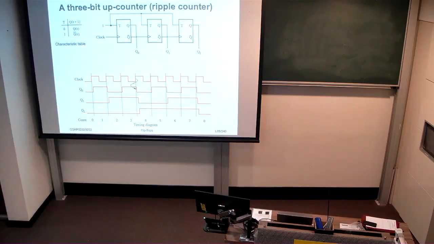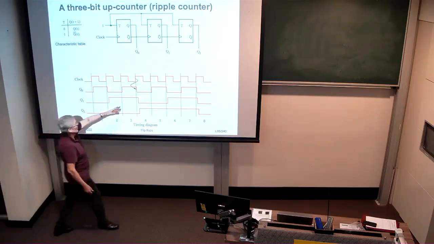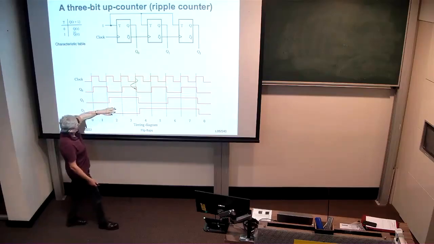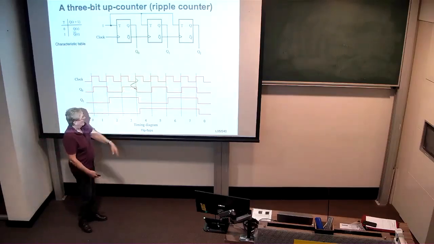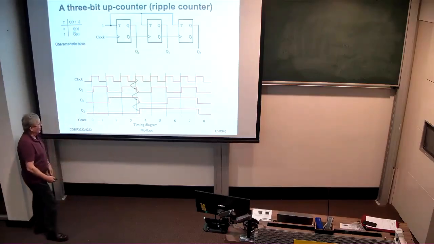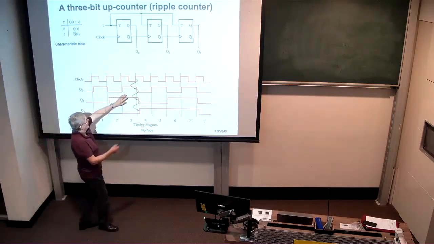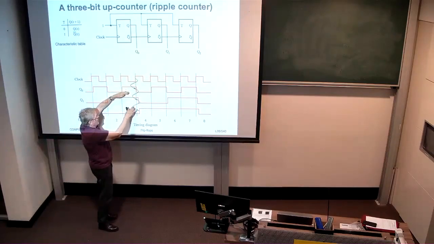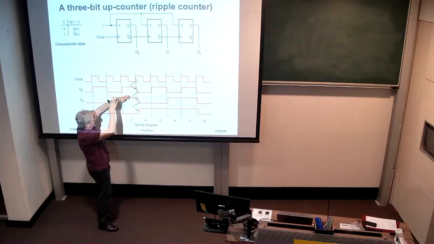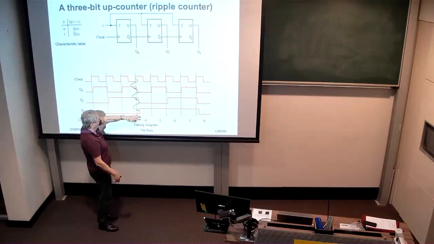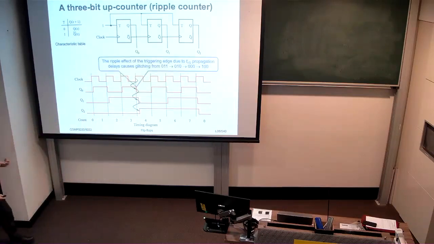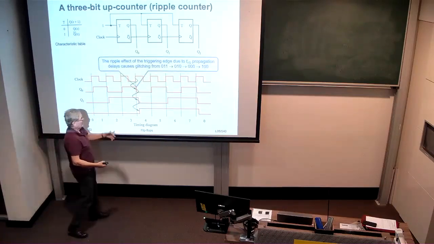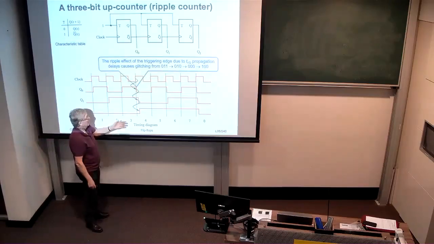And so we see, for example, on this rising clock edge in the middle here, where the current state of the counter is 3 and we want to go to 4, that what actually will happen as a consequence of this dependence between less significant stages switching and more significant stages switching is that we're actually going to go through a series of values before we get to the final value.